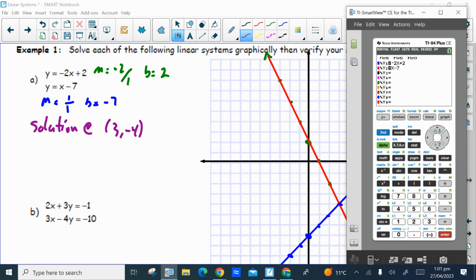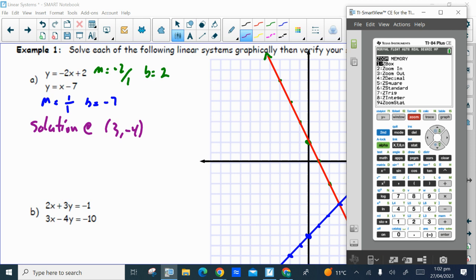Now, when you graph, you can change the window, which tells you the smallest x value and the largest x value you can see, and the smallest and largest y values that you can see. If you go to Zoom, which is in the very middle of that top row, and then choose number 6 for ZStandard, that sets the window between -10 and +10 on both axes.